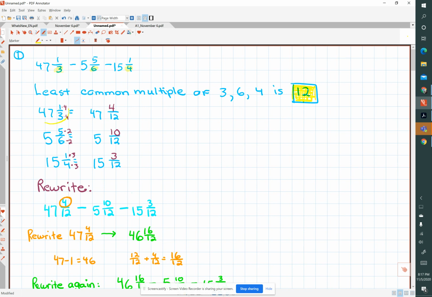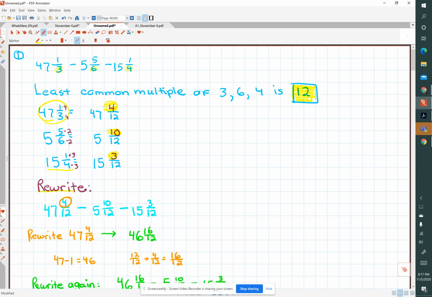We'll convert that 47 and 1/3 into twelfths, and I multiply the denominator and numerator both by 4, and my new numerator is 4 over 12. I convert 5 and 5/6, and when I do, I have a new numerator of 10 over the denominator of 12. And when I convert 15 and 1/4, I have a new numerator of 3 over my denominator of 12.